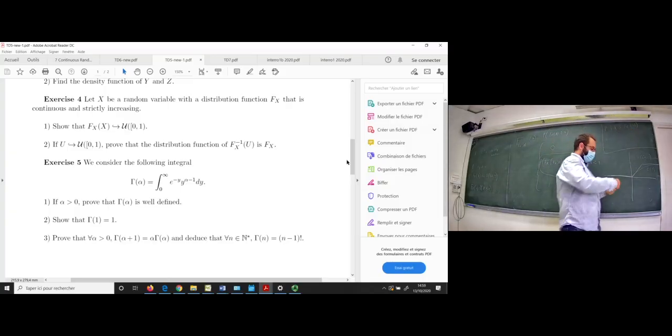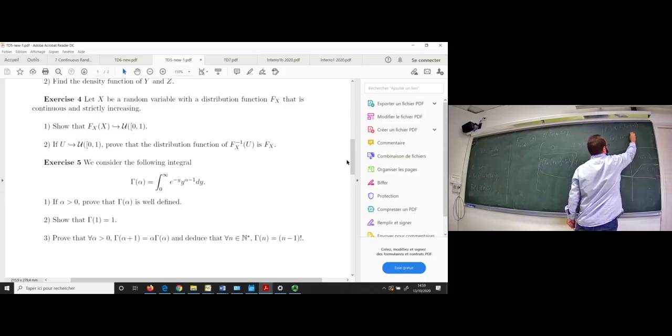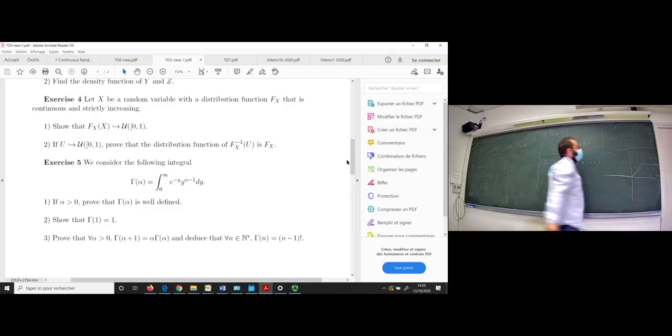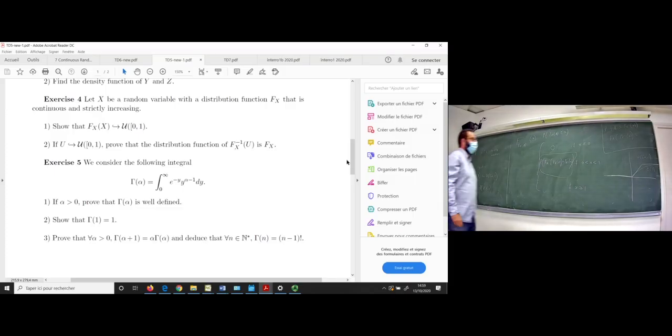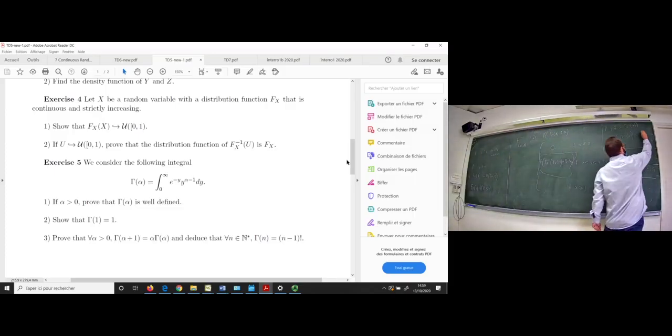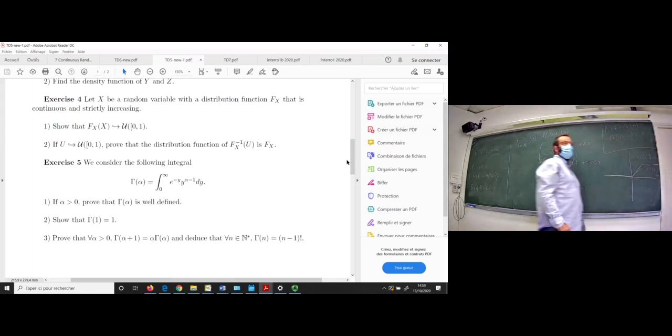So I can write this as F_X of F_X minus 1 of small x. And what is this? Small x. So the term I have computed in orange is small x.